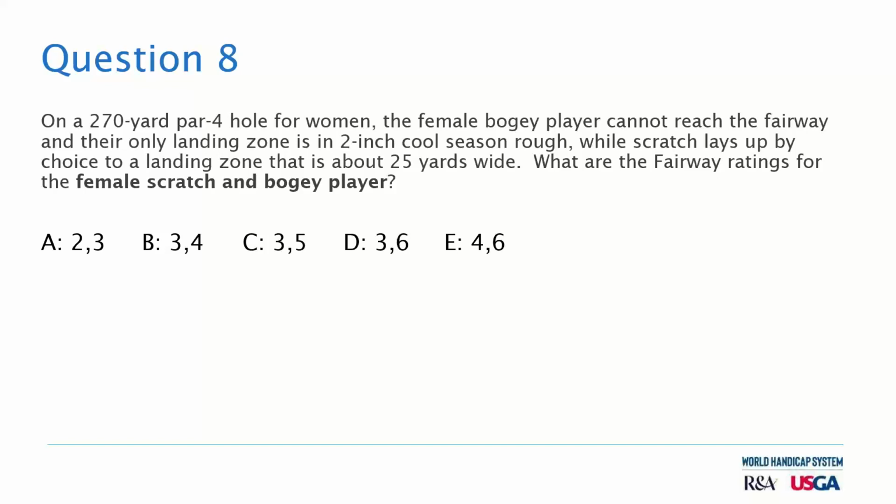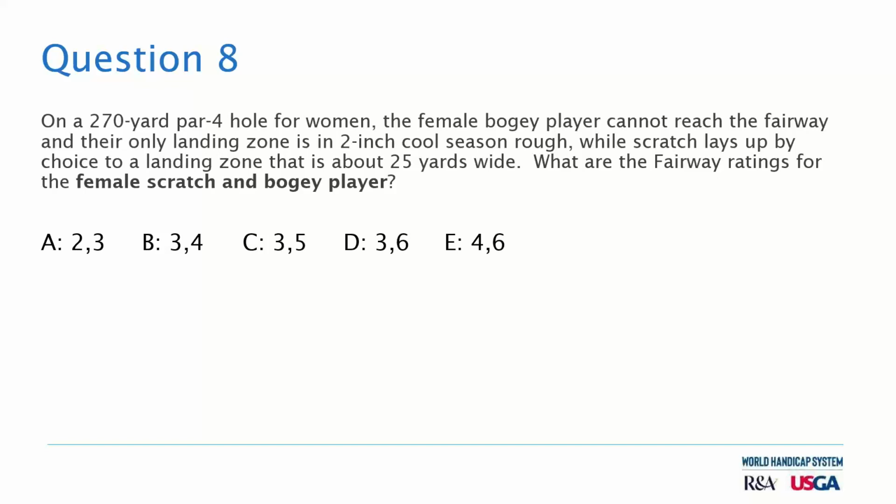So, on a 270-yard, par 4 hole for women, the female bogey player cannot reach the fairway, and their only landing zone is 2-inch cool season grass rough. While the scratch lays up by choice to a landing zone that is about 25 yards wide. What are the final fairway ratings for both the scratch and bogey female player?